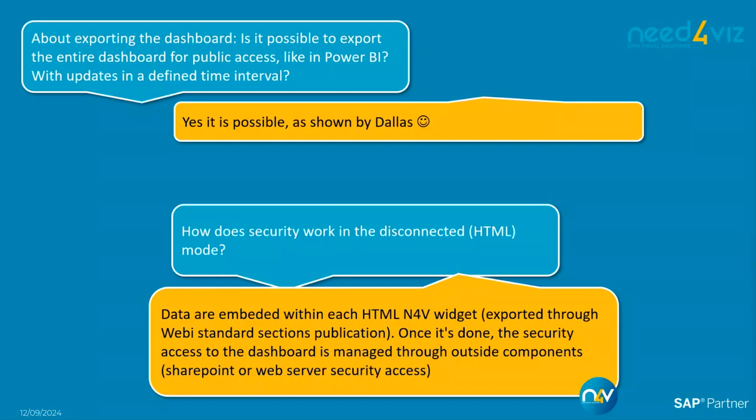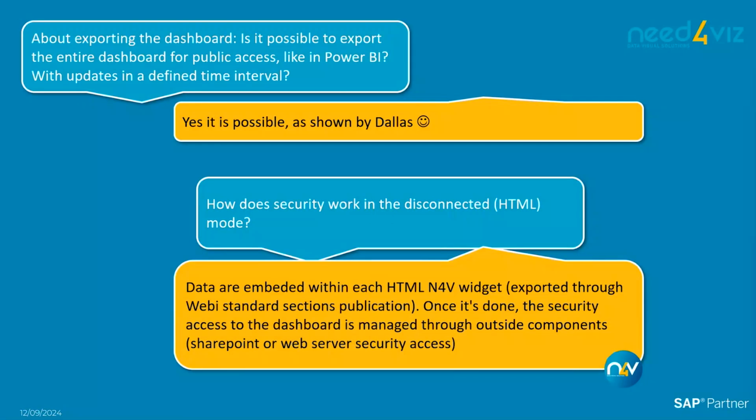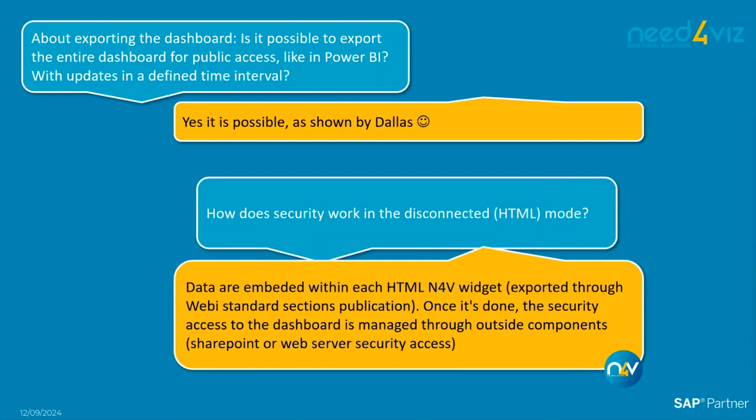And then lastly, how does security work in the disconnected HTML mode? Data is embedded inside of each widget. And so once it's done, the security access to the dashboard is managed through outside components.